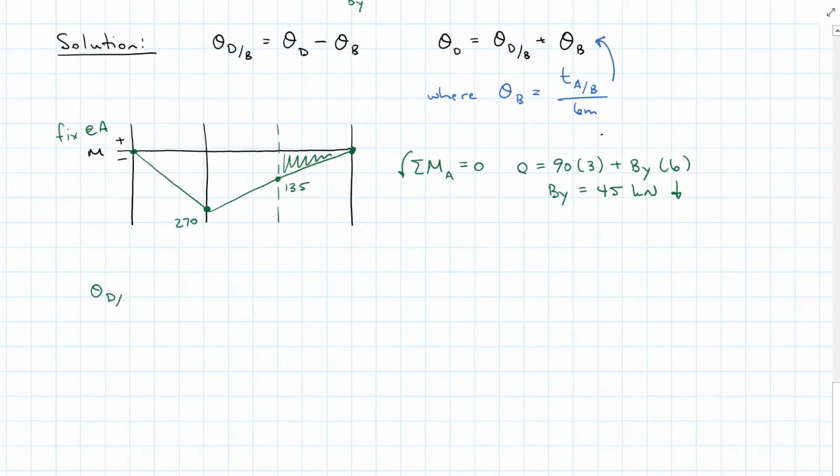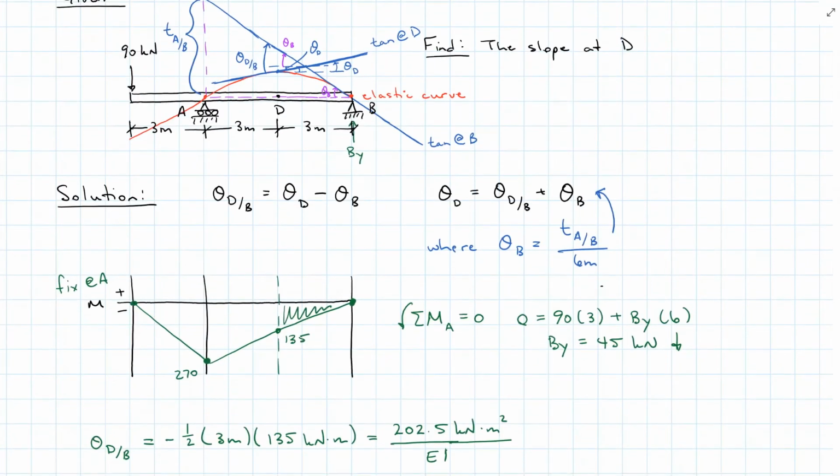Therefore, theta DB is the area between D and B, which is going to be minus 1/2 base 3 meters times height 135 kilonewton meters. And that is equal to 202.5 kilonewton meters squared all over those material and geometric properties E and I.